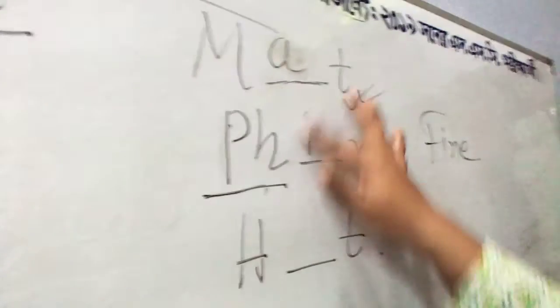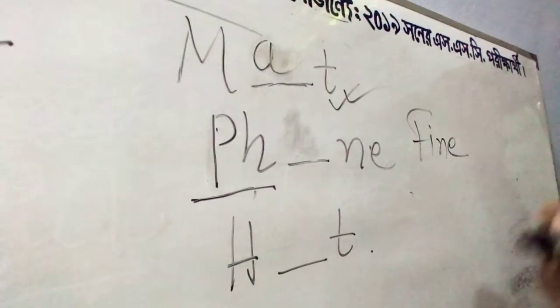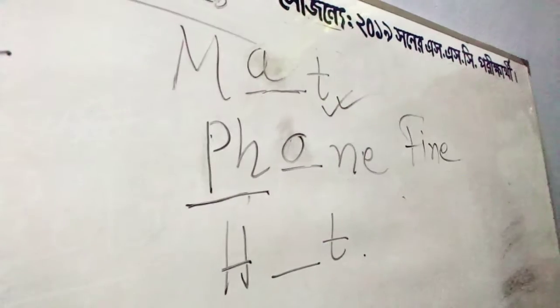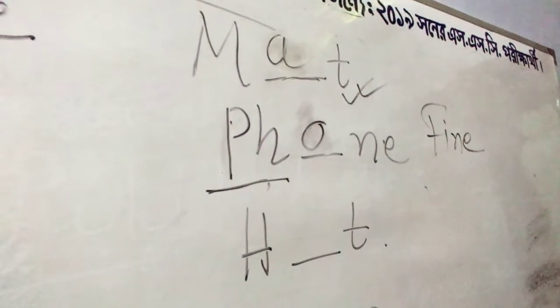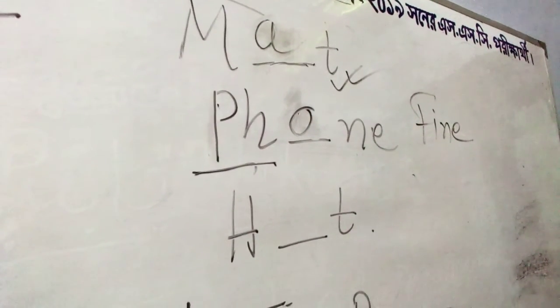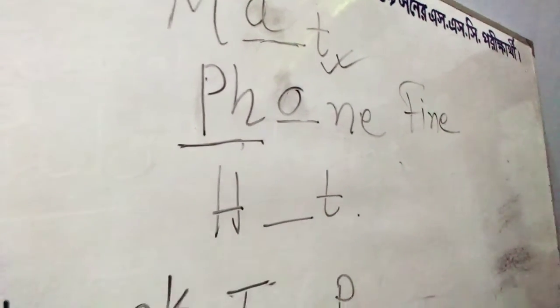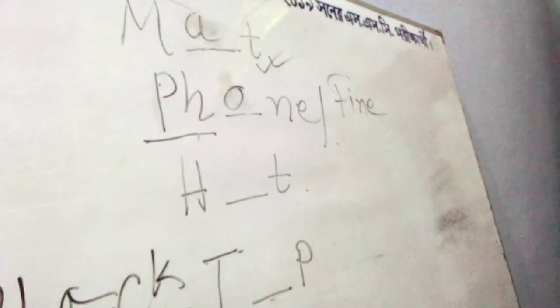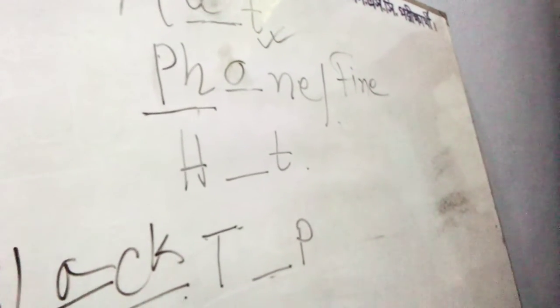It doesn't have any meaning. But if I put O, see, P-H-O-N-E, phone. What is it? Phone means telephone, or cell phone, through which we talk to distant places or distant people.